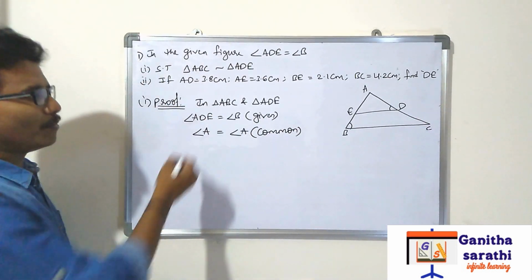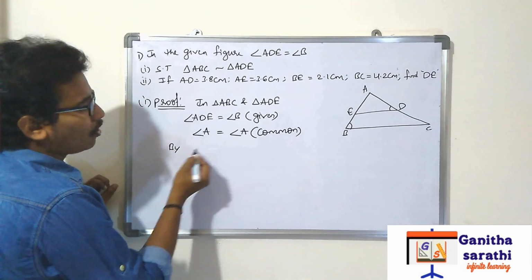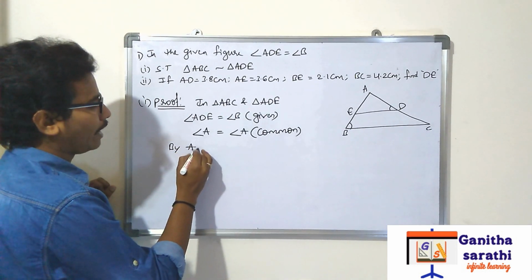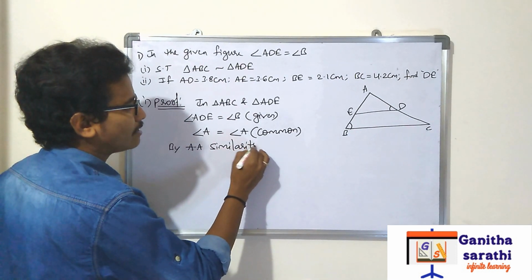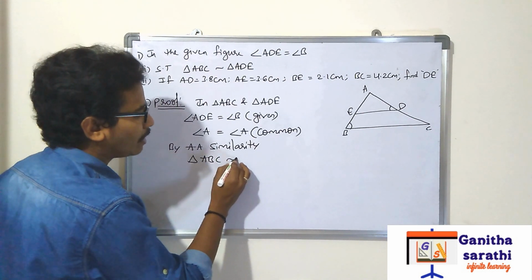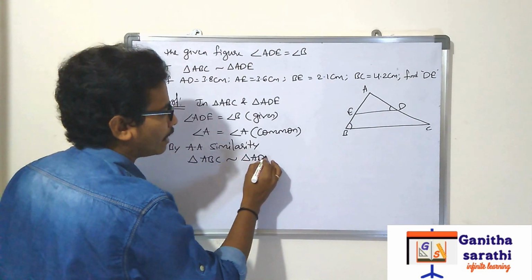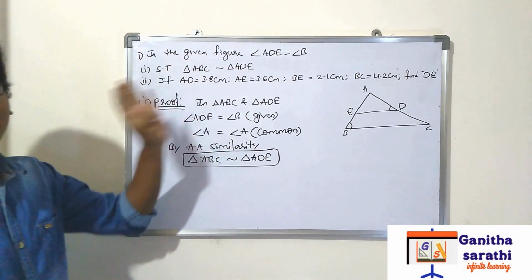By angle similarity, triangle ABC is similar to triangle ADE. So we have proven it, the first proof is completed, right?